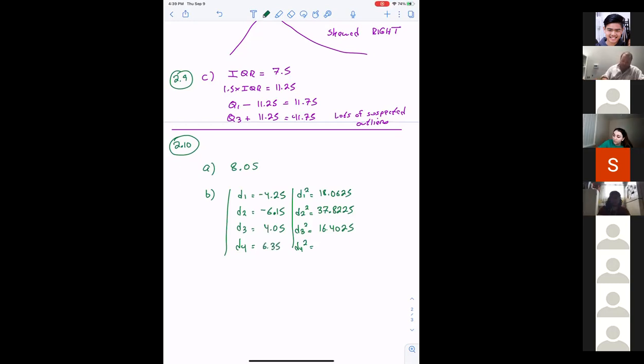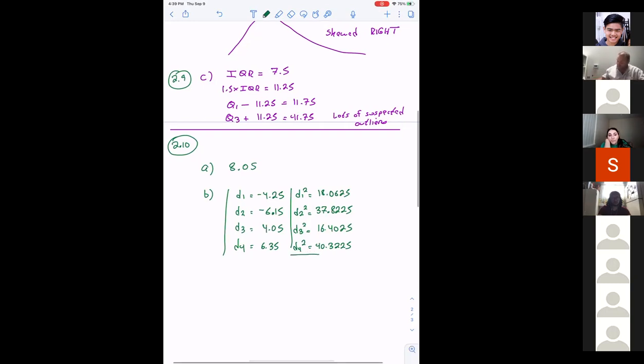And what is that number squared? 40.3225. So now that I have the squares of my deviations, what do I do with those four numbers? Add them and divide by 3. Let's first add them. What do I get when I add them?